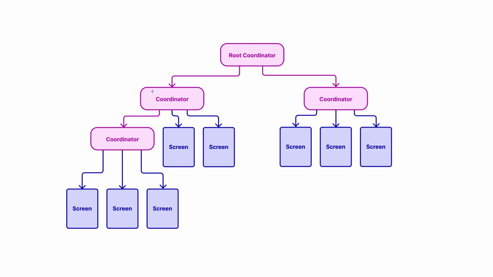Then this authorization coordinator ends its work and moves control to its super coordinator, which is the root coordinator. This moves control to the main coordinator, and the user enters the logged-in zone, the logged-in part of your application.